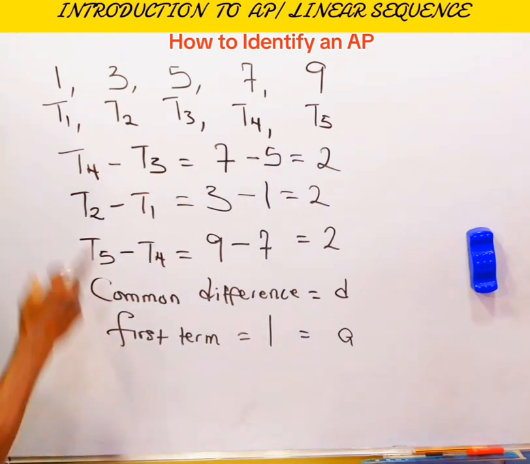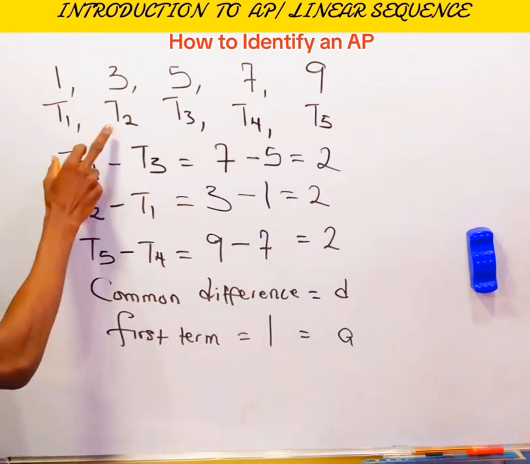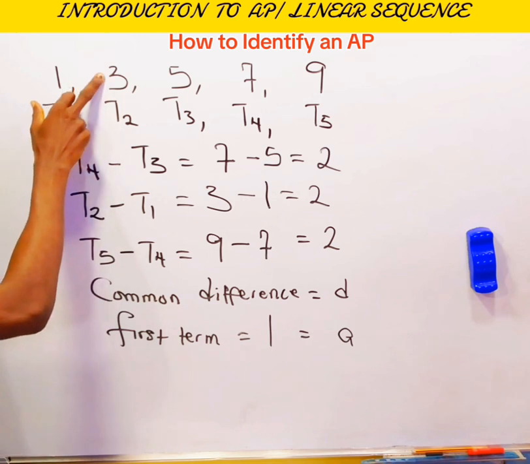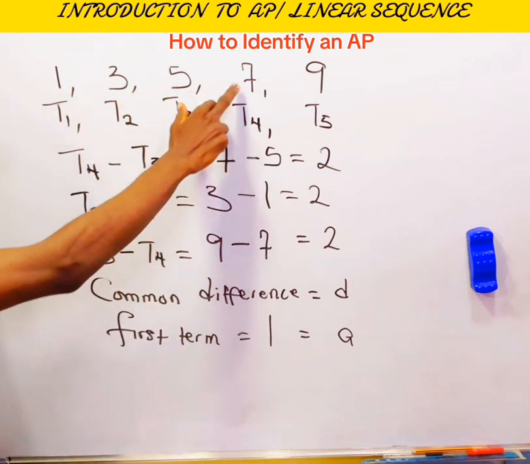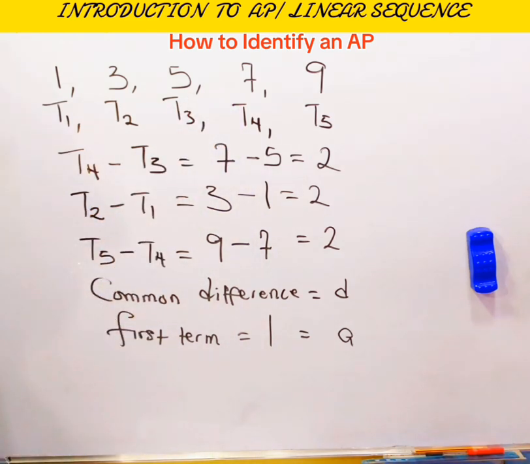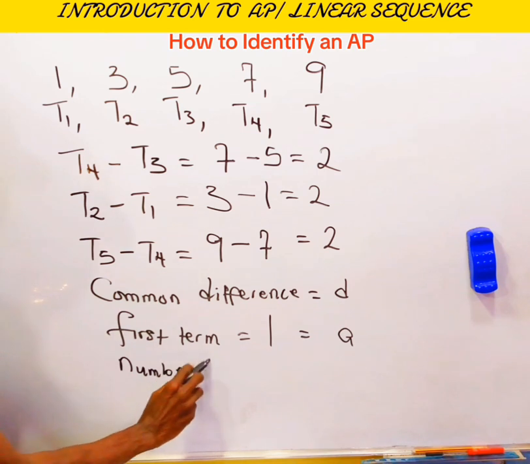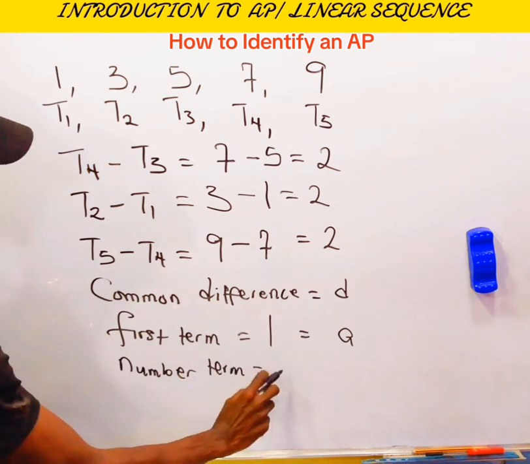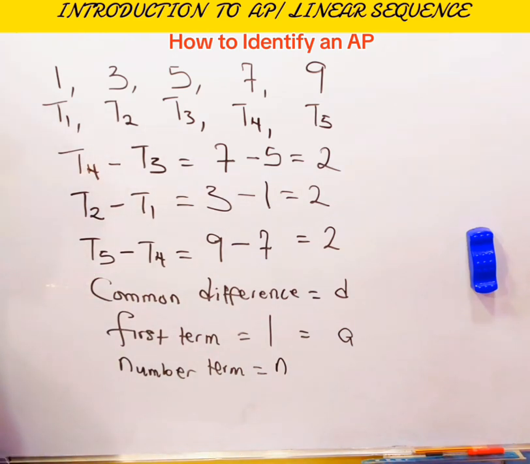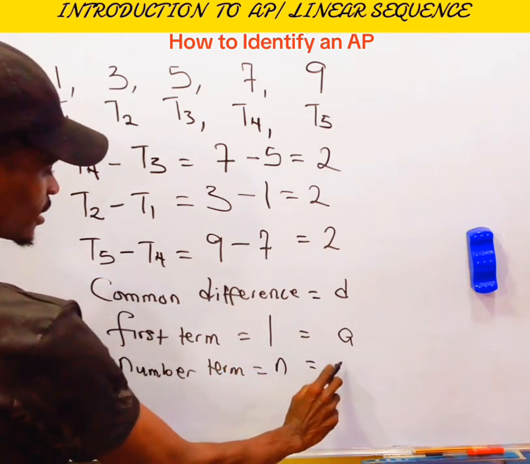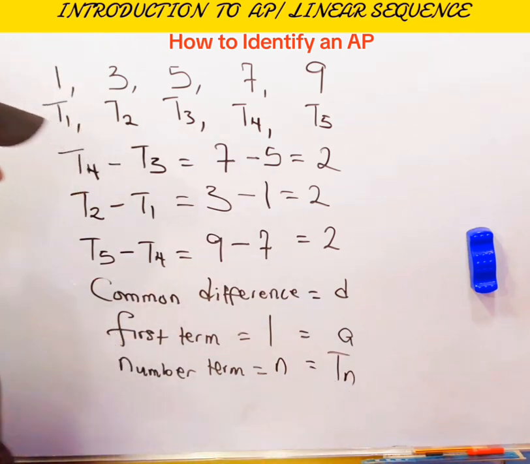However, the value of the first term is 1, the second term is 3, the third term is 5, the fourth term is 7. Each number of terms is usually denoted by alphabet N, and the value at N is written as Tn, which is the nth term.